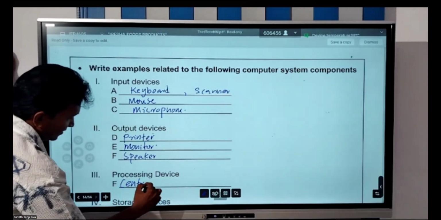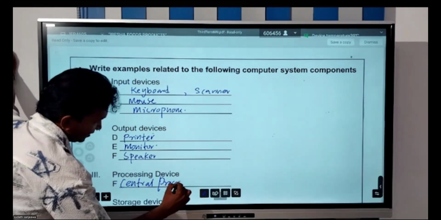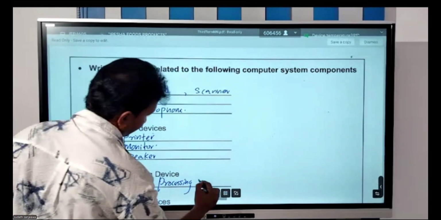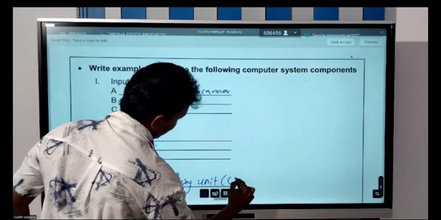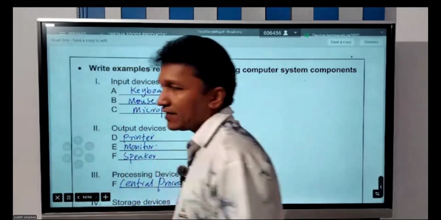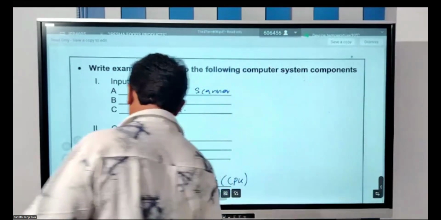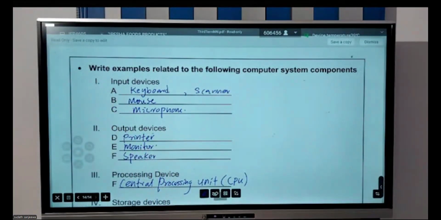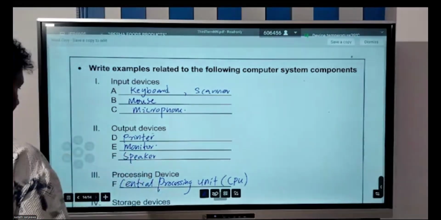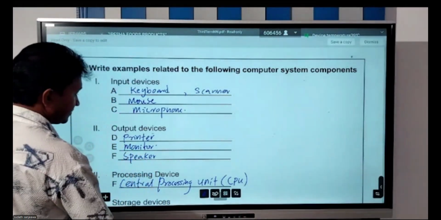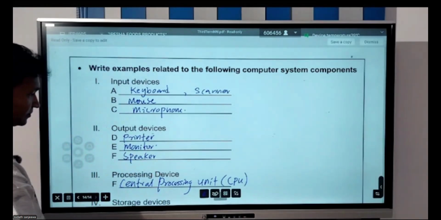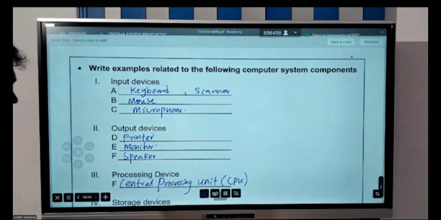Central processing unit, CPU. දැන් මේකට CPU කියලා කියනවා, central processing unit කියලා කියනවා, processor එක කියලා කියනවා. ඔක්කොමගේම කියන එක එකයි. Central processing unit or CPU.